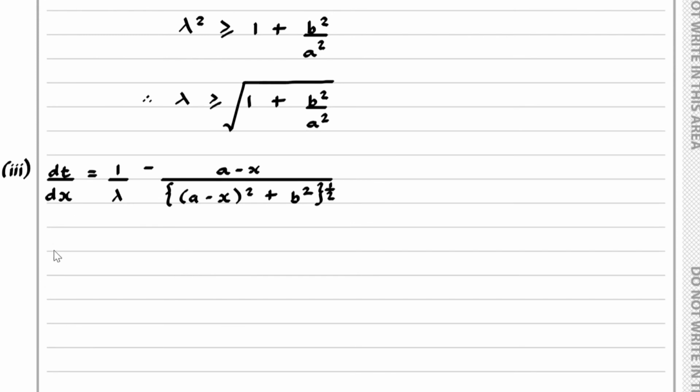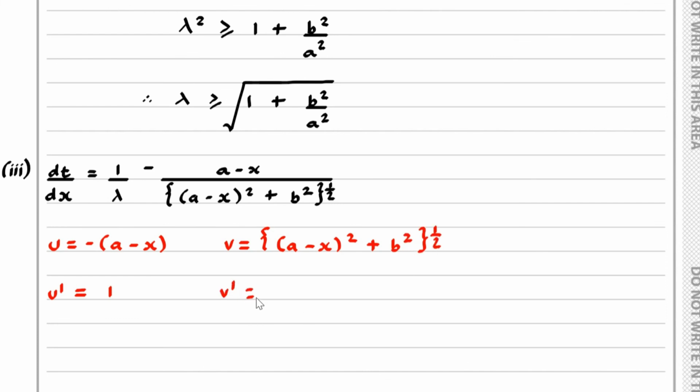So if we were to use the quotient rule, u is equal to minus, and then in brackets, (a minus x), so therefore u dash is equal to 1, and we've got v, which is equal to (a subtract x) squared plus b squared to the 1/2, and therefore v dash is equal to 1/2 multiplied by (a minus x) squared plus b squared to the negative 1/2 multiplied by 2 multiplied by (a minus x) to the 1 multiplied by minus 1.